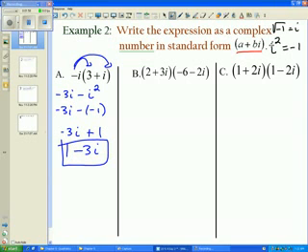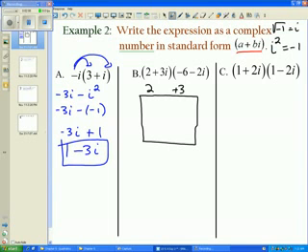Letter B, over the weekend when I did these notes, I did all of this using FOIL. What if you use the box method? The box method works the same way. Up in the top, I would do 2 plus 3i. On the right, I would do the negative 6 minus 2i.